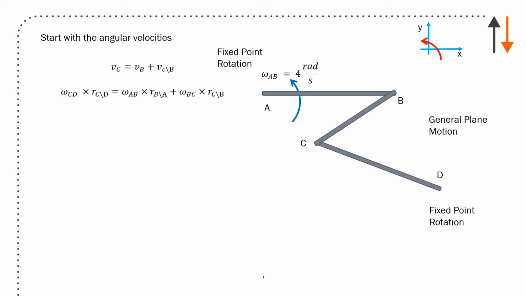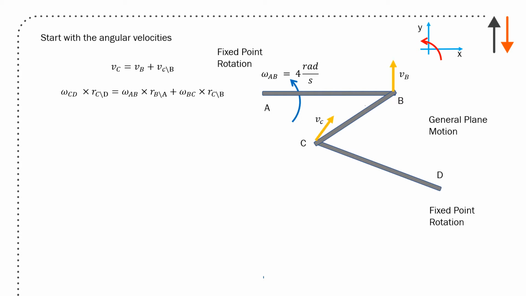The thing to note is that CD and AB are fixed point rotation, so they are easier to define. The more difficult one is BC, so that's why you're keeping it as one separate term. These two terms, VC and VB, are defined in terms of fixed point rotation, and the last one is actually a rotation term, but it becomes a set of unknowns.